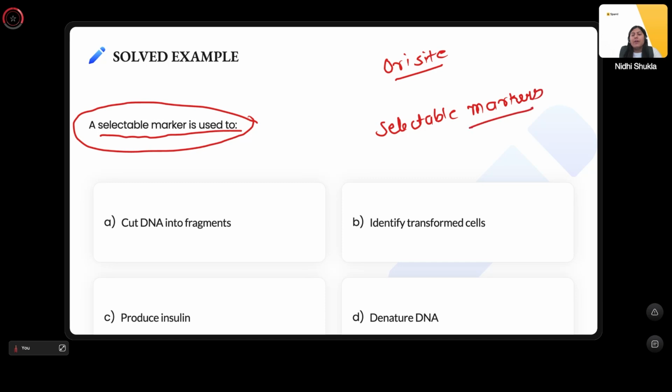One is the gene coding for antibiotic resistance, and the other one is the LacZ gene. But what do we use this selectable marker for? To cut DNA into fragments? No. Produce insulin? No. Denature DNA? No. It is to identify transformed cells, because recombinant transformants actually help you to achieve your goal and to get your product from genetic engineering. Okay, so a selectable marker is used to identify transformed cells.